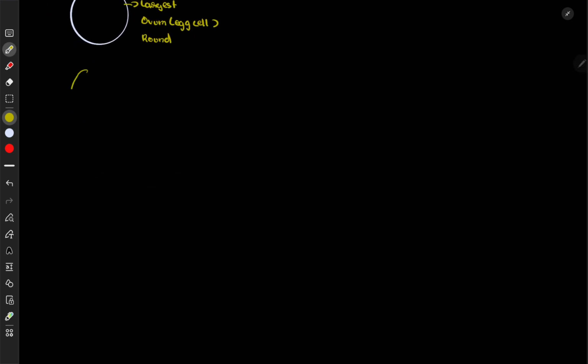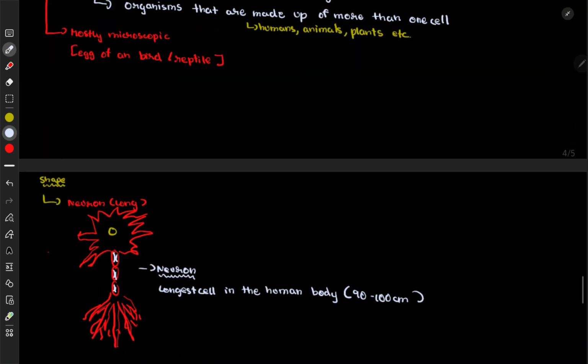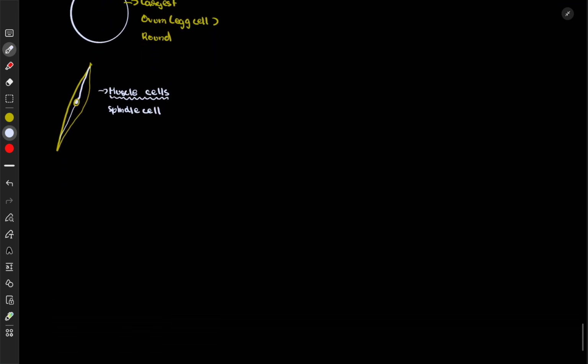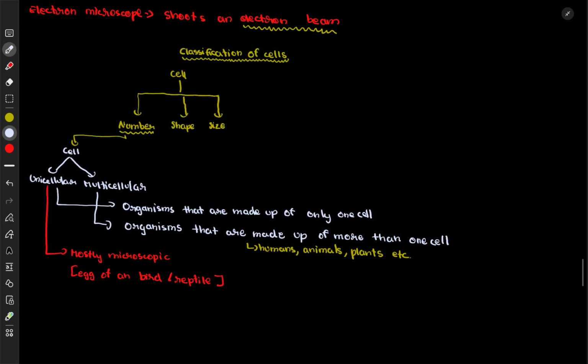Then muscle cells, which are spindle shaped. And we have more, like skin cells and all of that. So these are the different shapes. We're done with shapes.